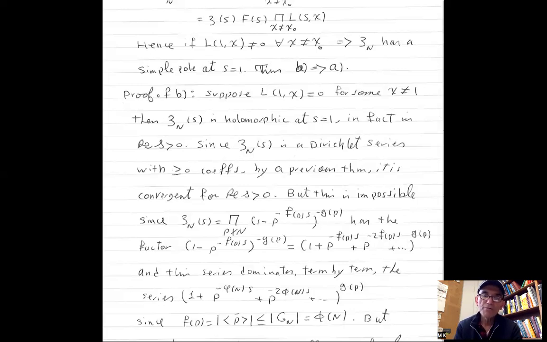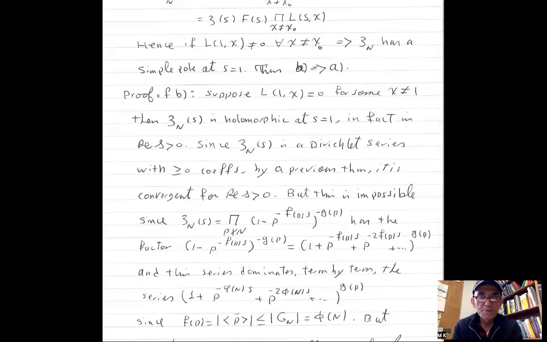And the way to derive the contradiction is to notice that there are factors in zeta n of s which actually make it blow up before reaching the line real part of s equal to 0.